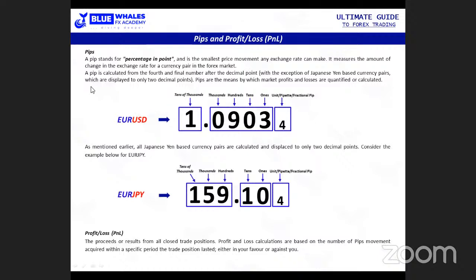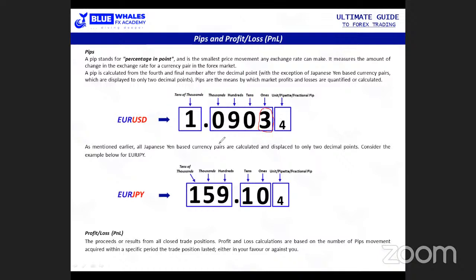A PIP is calculated from the fourth and final number after the decimal point, with the exception of Japanese yen-based currency pairs. So any currency pair, with the exception of Japanese yen-based pairs, is calculated from the fourth decimal place. We are talking about this one.